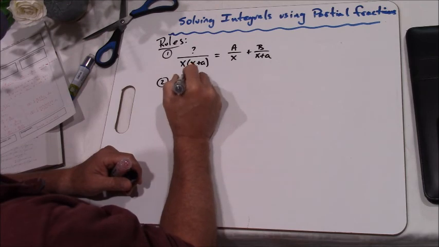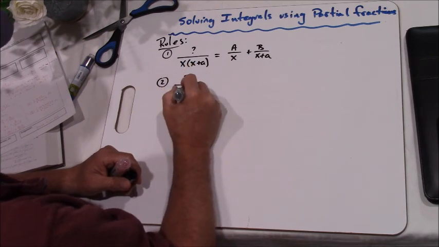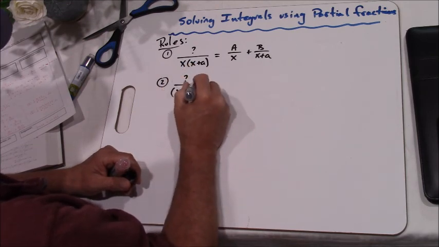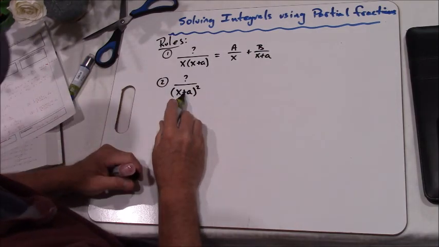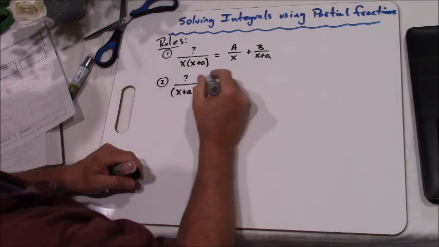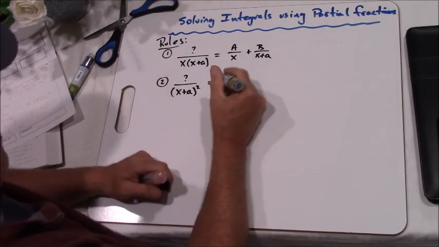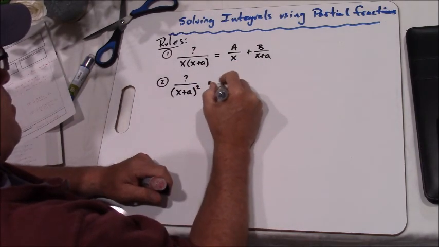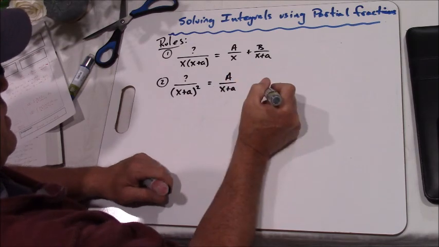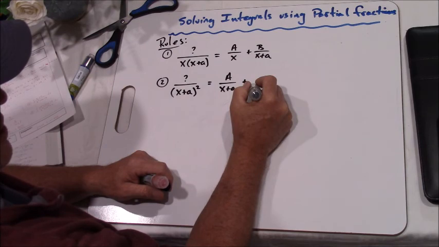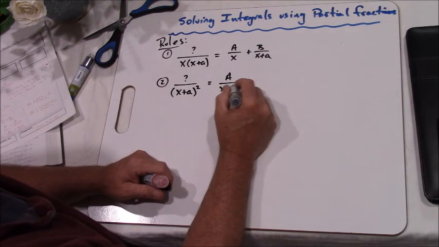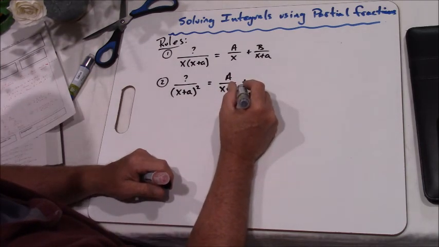All right, rule number 2. If I have something over x plus a squared, so this would mean I factored my denominator and I got the same factor twice. Well then, you need to have a over x plus a, and then you would think it would be b over x plus a, but then you have a common denominator already. We don't want those denominators to be the same.